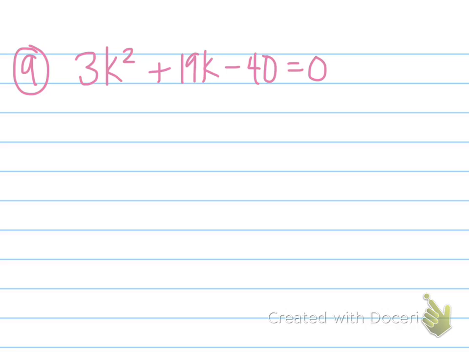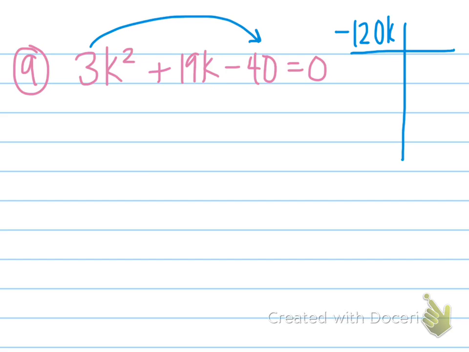Finally, we need to solve a quadratic that has a leading coefficient that is not equal to 1. And again, if you're still needing help with factoring, please watch the other video on factoring by grouping. Here we're going to multiply the beginning term times the last term, and we get negative 120k squared that we're multiplying for.